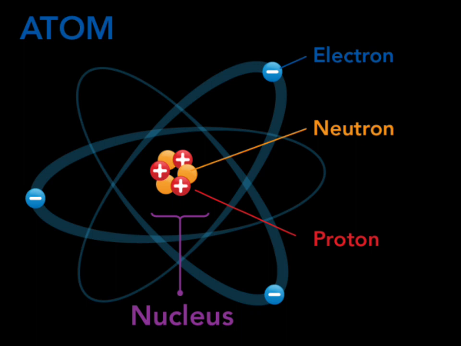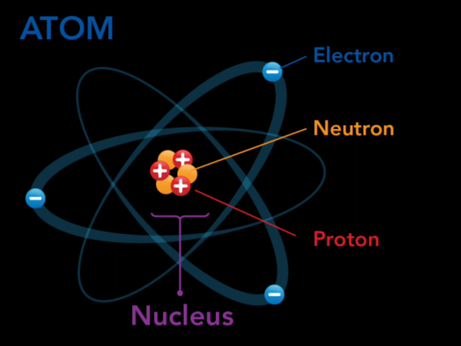The number of protons in an atom is equal in number, but different in charge to the electrons. That's to say, that atom that I said has 5 protons, because it has 5 protons, is going to have also 5 electrons.